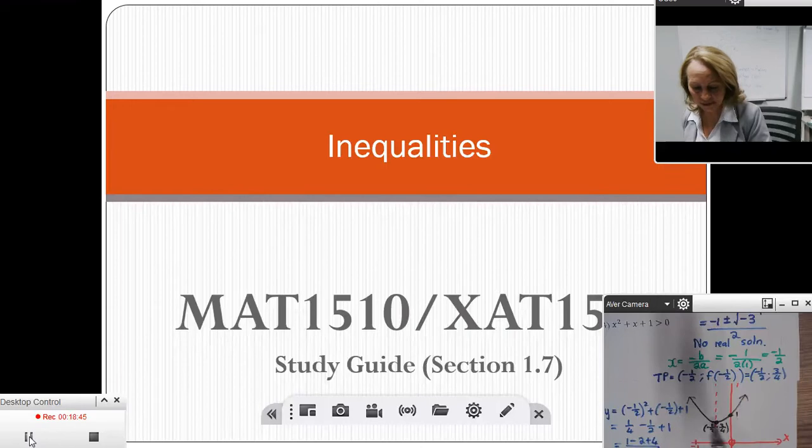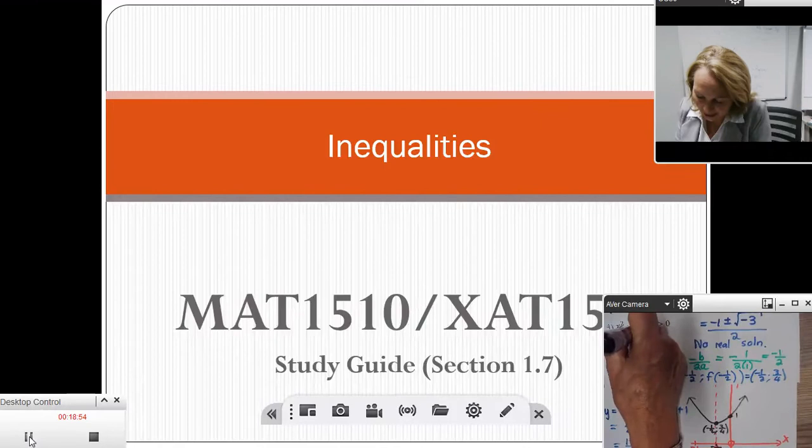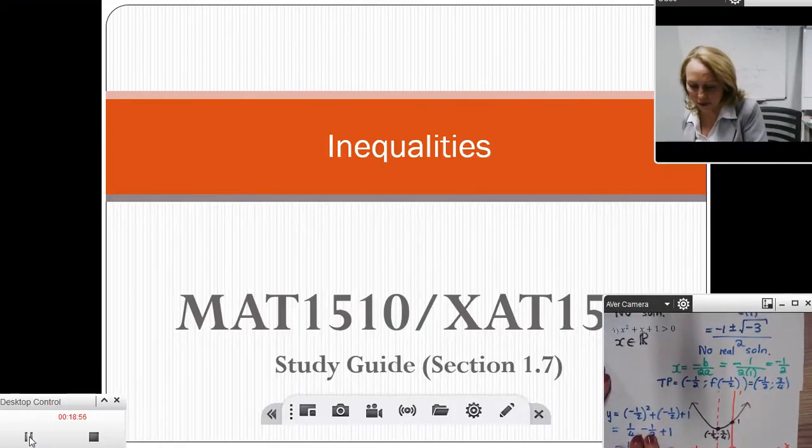Can you see that this parabola always lies above the x-axis for all real values? Right, so then our solution here is x an element of the reals. This parabola, this quadratic, is strictly greater than 0 for all x an element of the reals.